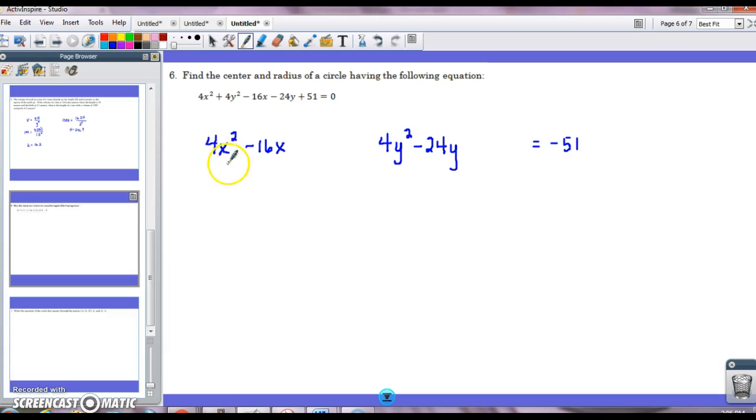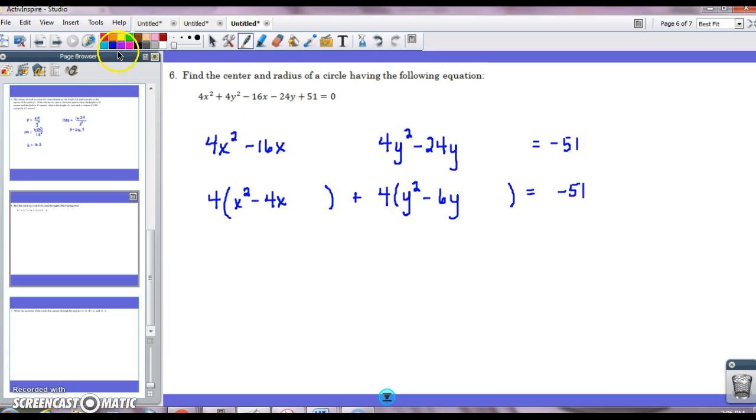Okay, remember here, the first thing we have to do before we can complete the square is factor out the 4. So if I take 4 out, I know 4 times x squared minus 4x. And here, I'm going to do the same thing. I'm going to factor out the 4, and that leaves me with y squared minus 6y, okay, is equal to negative 51.